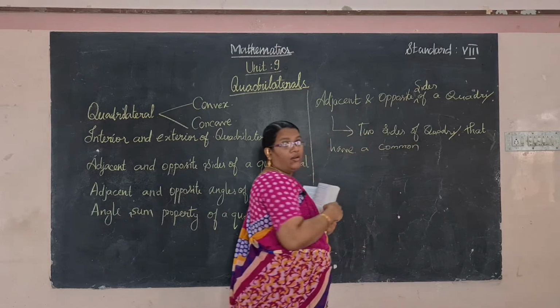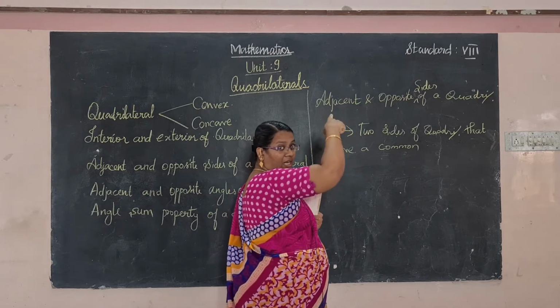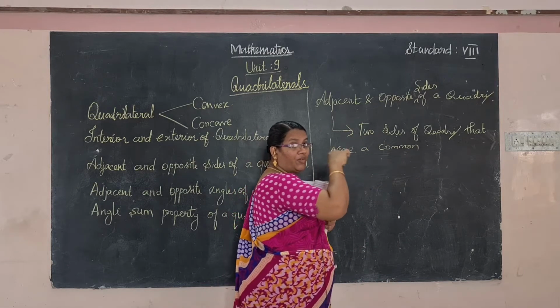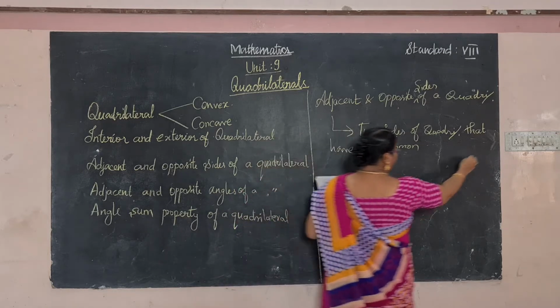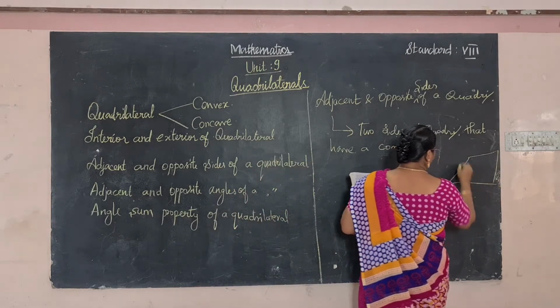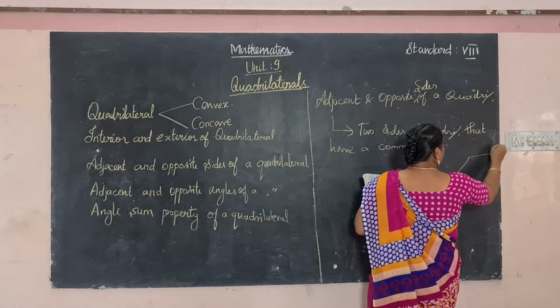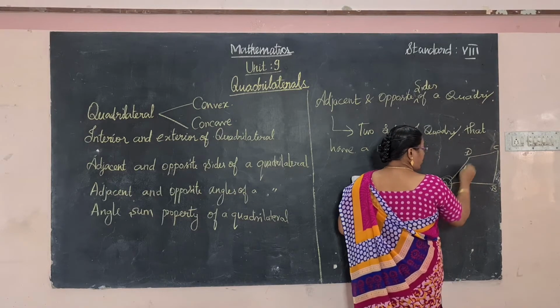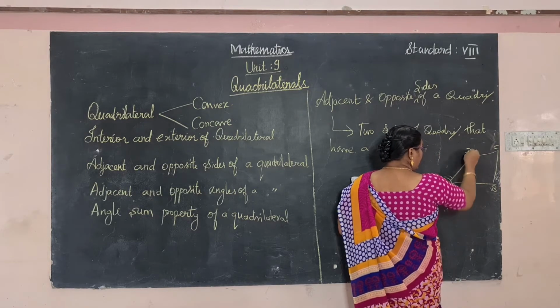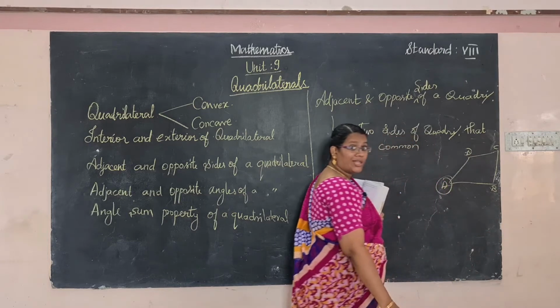We have already seen the example: AD and AB. In the quadrilateral ABCD, A is the common vertex. So AD and AB are the adjacent sides.